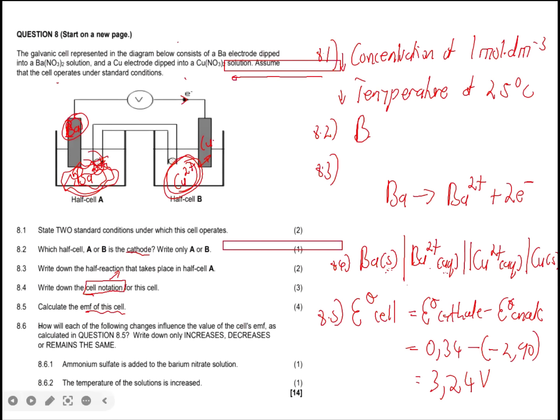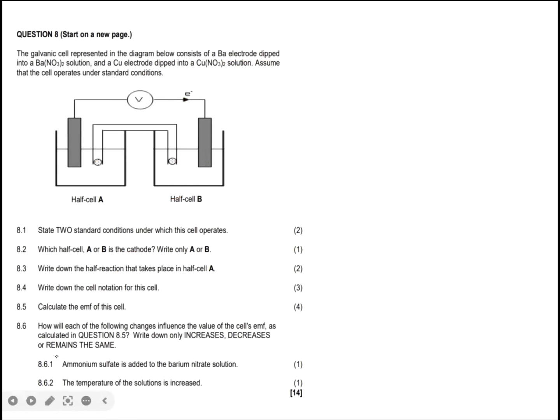Do we have another question after that one? Okay, let's see. 8.6 says, how will each of the following changes influence the value of the cell's EMF as calculated in question 8.5? Write down only increase, decrease, or remain the same. They say now, what will happen if the ammonium sulfate is added to the barium nitrate solution, right?